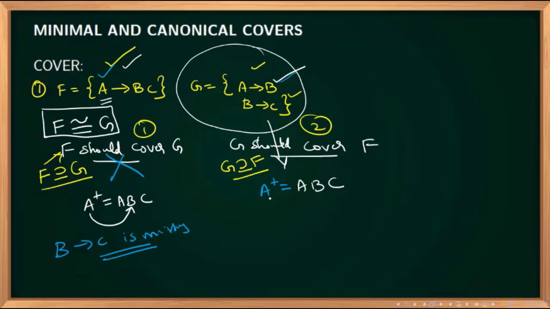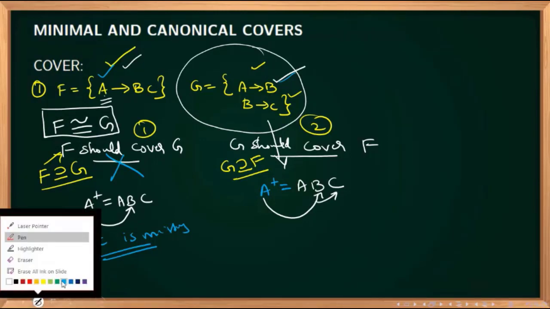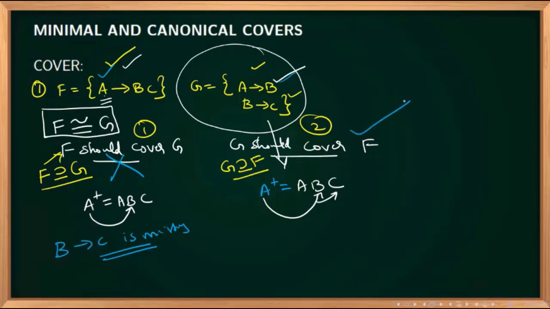All combinations of A, B, C. One such combination is A determine B, C, which is satisfying. Definitely G is covering F, so this is correct. F covers G is wrong, but G covers F is correct.